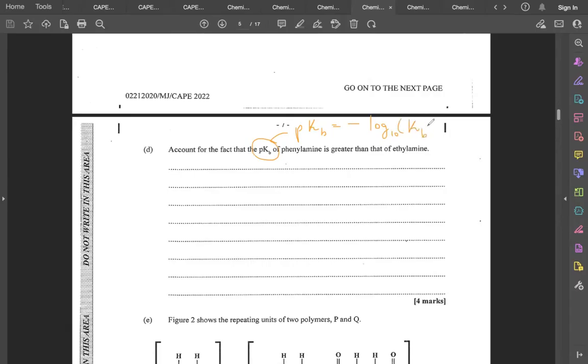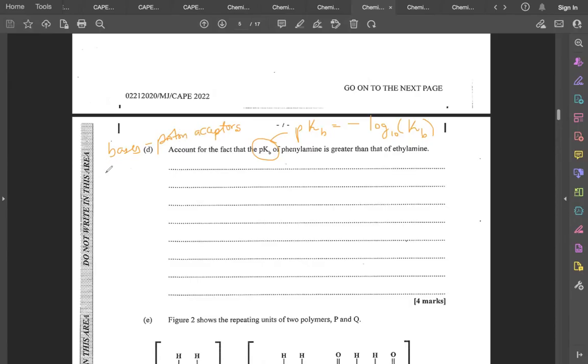And we know that amines are bases, meaning that they are proton acceptors, right? Acids are proton donors, and bases are going to accept protons. So ultimately, it's going to be a stronger base if it can accept protons more readily.